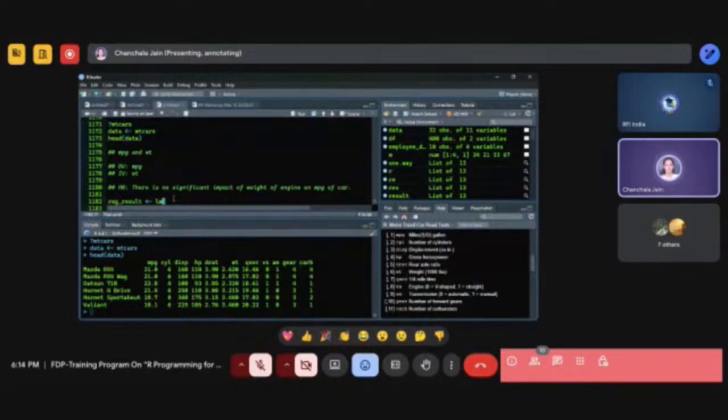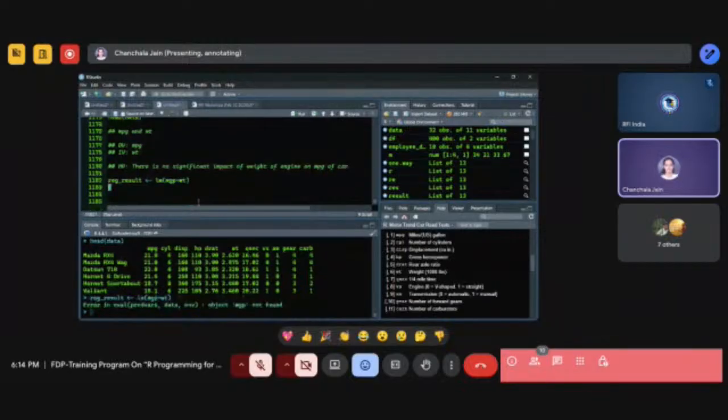This can help us to perform regression, right? So I'll open and close the bracket. Now, this is asking me to give the formula. I need to write the name of my dependent variable first, which is MPG. Tilde I will use, and then my independent variable, which is weight.